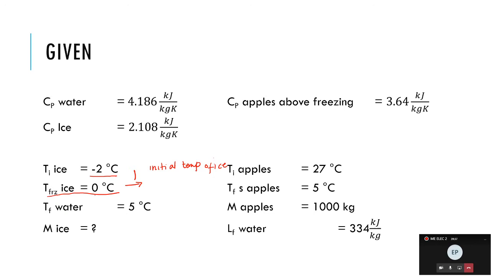When the water starts at 0 degrees centigrade, something will happen. The 0 degrees centigrade water will become 0 degrees centigrade ice. You cannot measure the temperature because there's no change in temperature. How can you measure the temperature? There's no sensible heat. We have learned that many times.